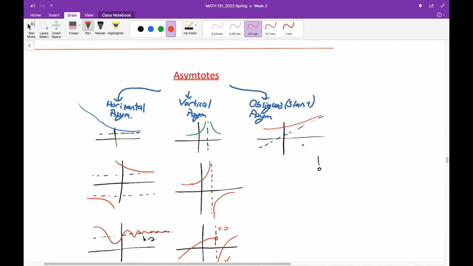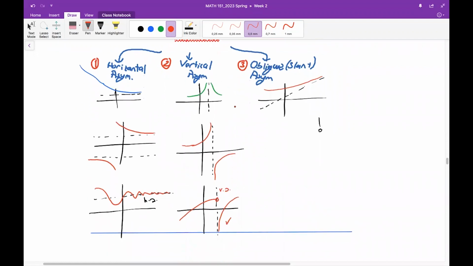Now, during the last half an hour of this session, I will talk about asymptotes of graphs. As I explained in a very detailed way in my recorded lecture video, there are 3 kinds of asymptotes: horizontal asymptote, vertical asymptote, and oblique or slant asymptote. Horizontal asymptote means what? Look at this graph and try to understand its behavior on this part.